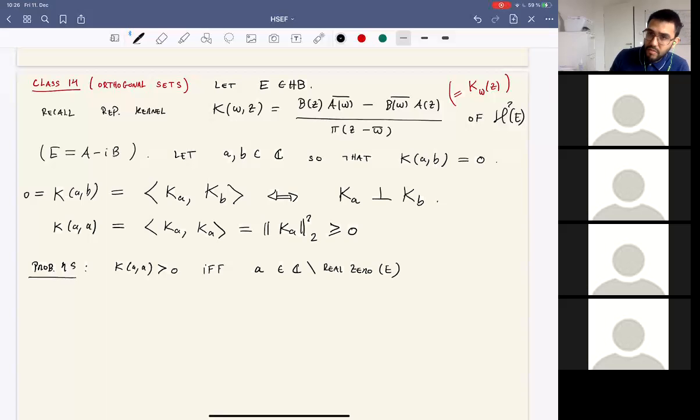So I would like you to solve problem 45 for yourself. It is not hard to show. It's not one of the problems in the list because it's not that enlightening. It's just a simple computation, but I will let you figure it out.